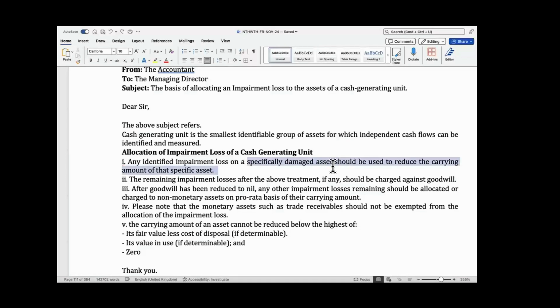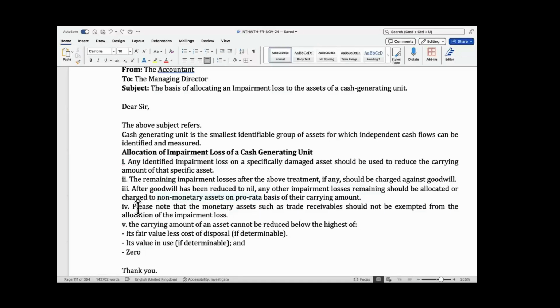Number two, the remaining impairment loss after the above should be charged against goodwill. After goodwill has been reduced to nil, any other impairment loss remaining should be allocated and charged to other non-current or non-monetary assets on a pro rata basis, right?